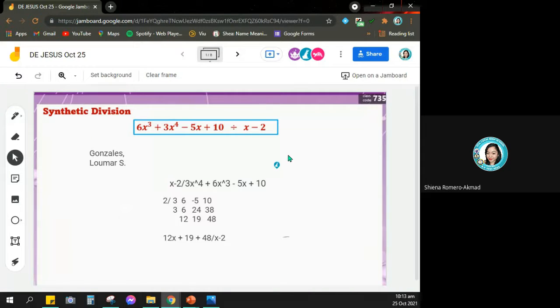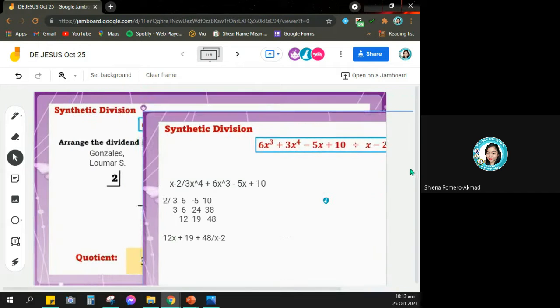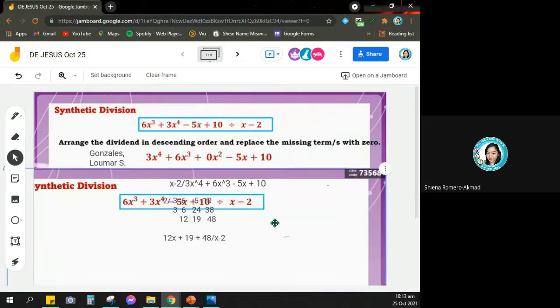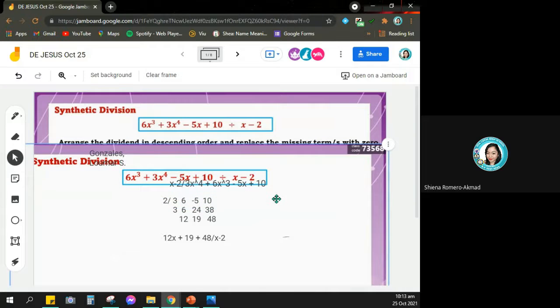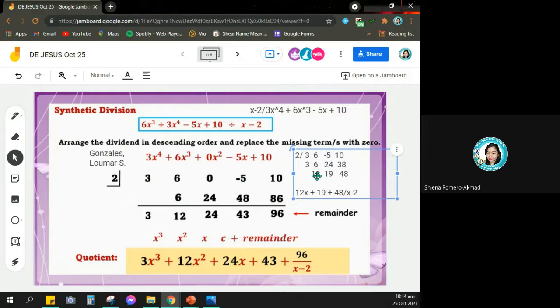Okay, sagutan yan. So, para mas maintindihan natin, i-move ko lang yung sagot niya. Tanggalin natin ito. I-move ko lang yung sagot niya dito. Walang gagalaw. Ayan. So, ito yung answer niya.